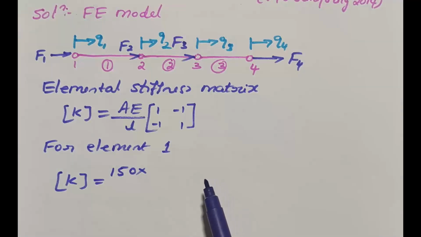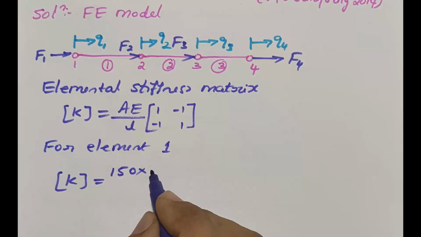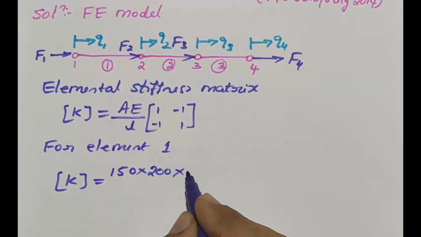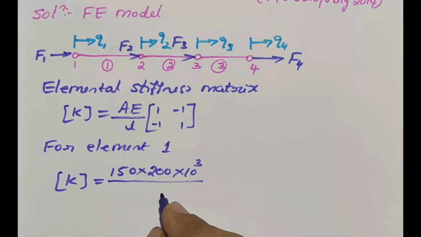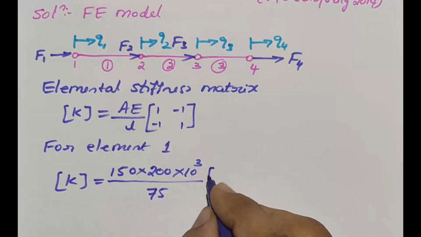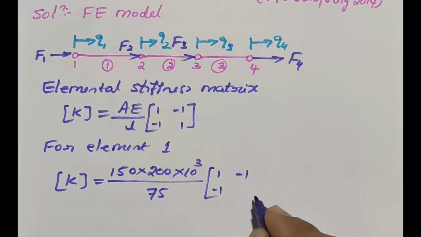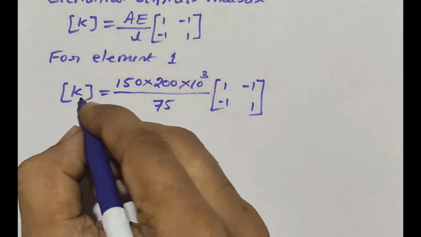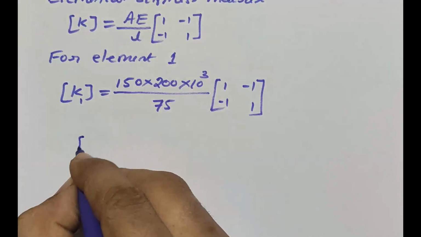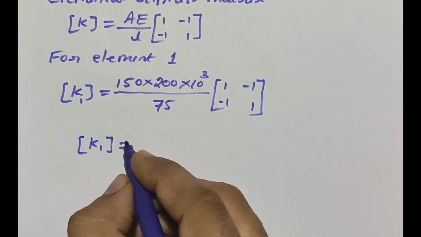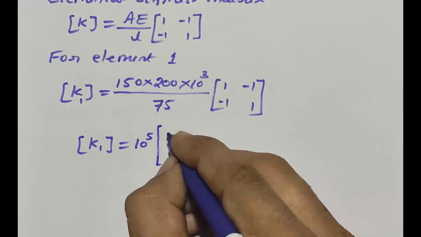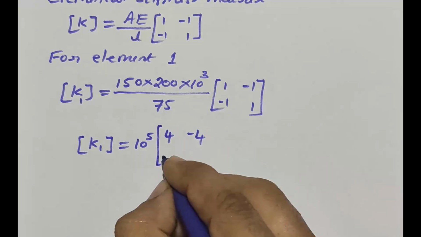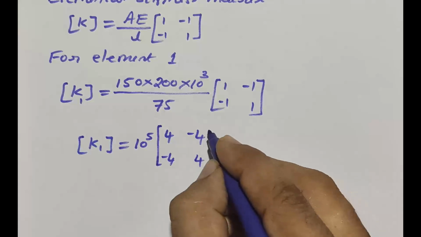Since the length is in mm, you have to write the Young's modulus also in Newton per mm square. 200 gigapascal is 200 into 10 power 3 Newton per mm square, divided by the length, 75, times 1 minus 1, minus 1 1. If you simplify this, we will get K1 is equal to 10 to the power of 5 outside, inside is 4 minus 4, minus 4 4.